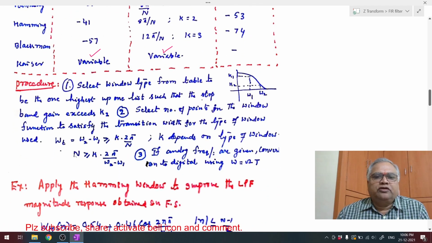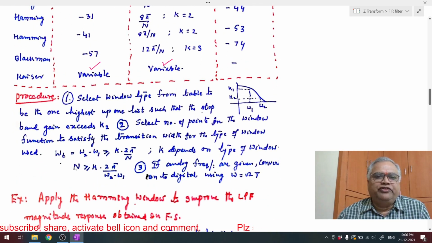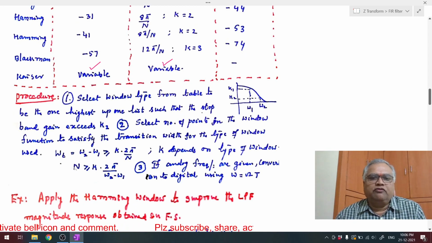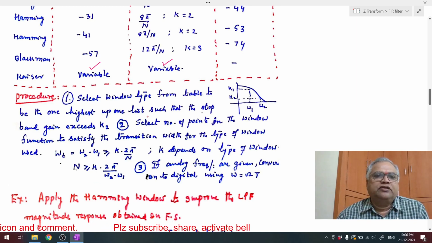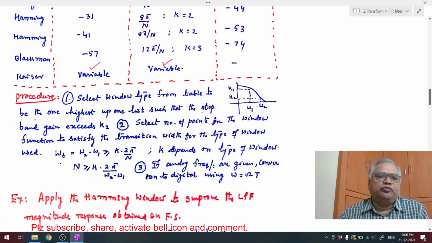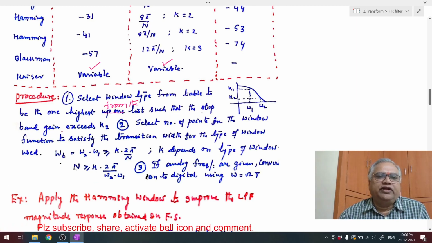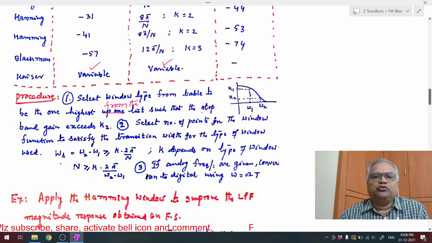Now generally, how to select the window size. Selection of window, then how many values we have to take. Select the window type from the table to be the one highest from the list such that the stop band gain exceeds K2.